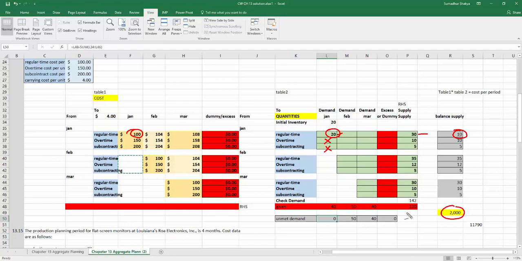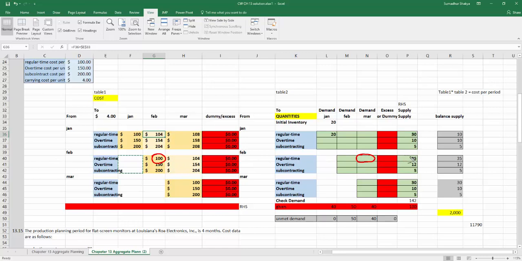Now this is where all the organization helps. Now let's move on to the second period. In the second period, the demand is 50. For the month of February, our cheapest option is $100, which would be here.